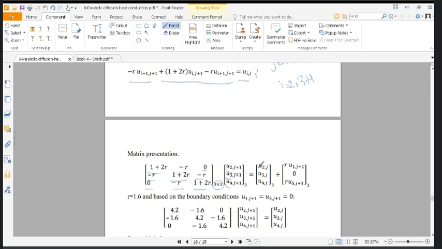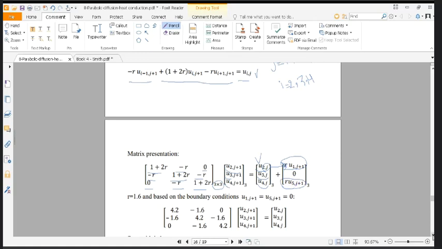The known vector is u2,j. This is the old time level, and the value of this u is known. Then u3,j, then u4,j. And the boundary vector: for the first, it is r times u1,j+1, the point at the left boundary, and r times u5,j+1, the point at the right boundary.